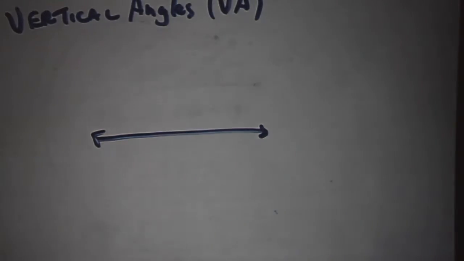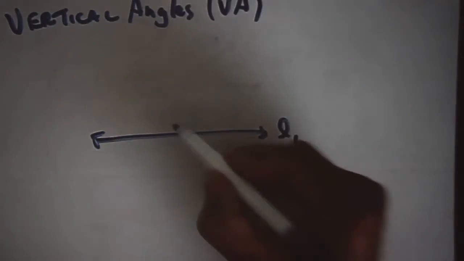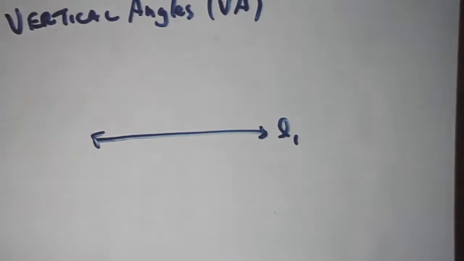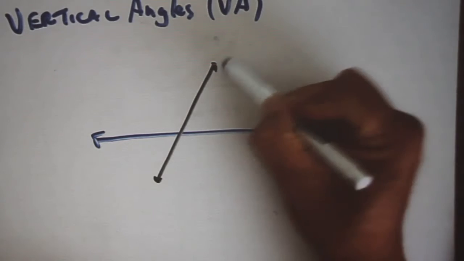And then sometimes we have two lines that intersect each other. We'll call this line 1, for example. So we have a line this way, and then we might have a line that intersects it in this fashion here. We'll call this line 2.